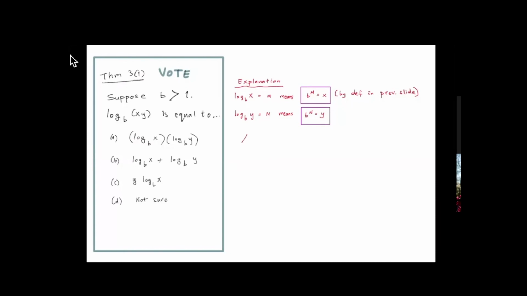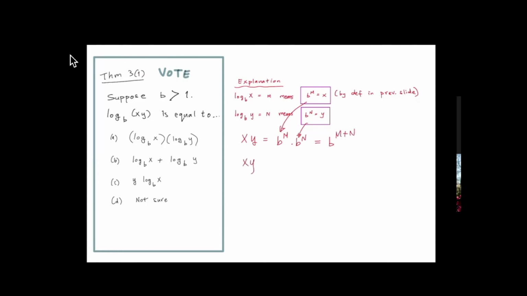Then I have x times y is equal to b to the m times b to the n. And this is the same as b to the m plus n.